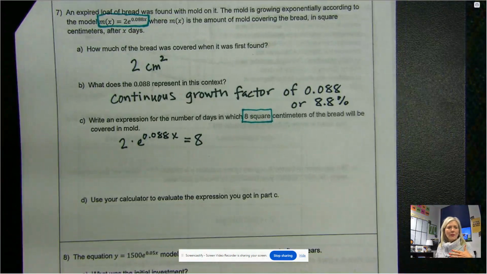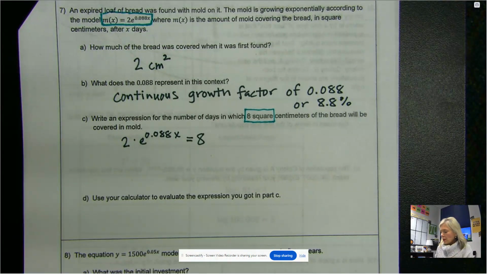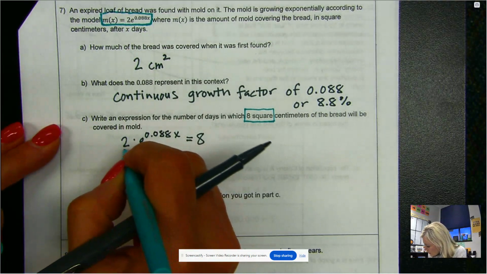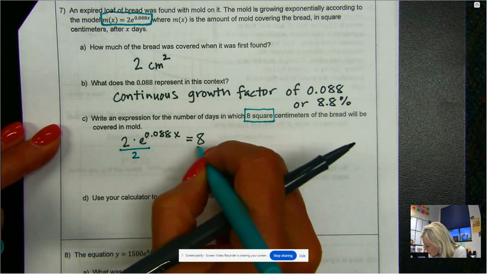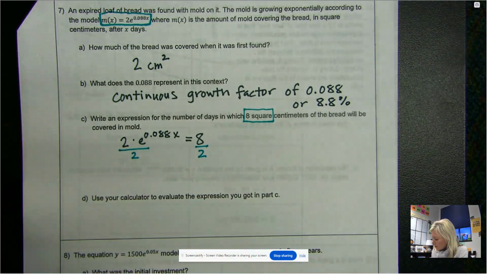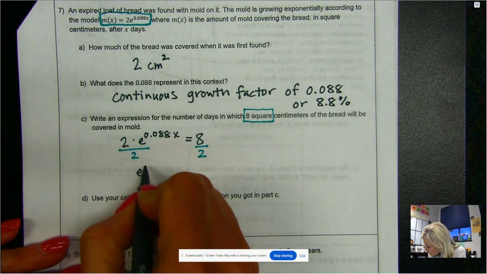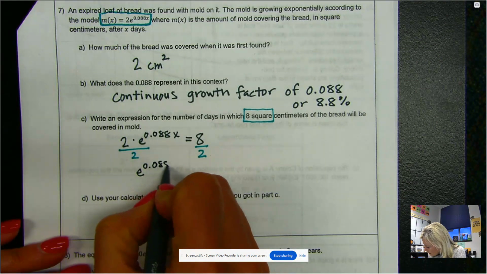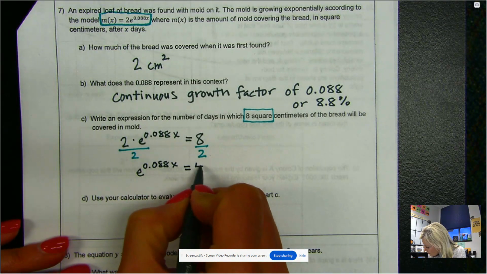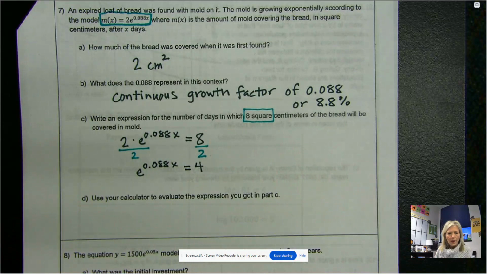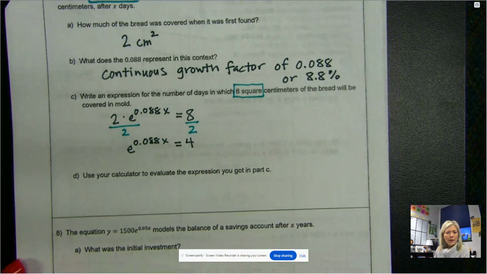This time, the base of the exponent is e, and so we're going to isolate the base and exponent by dividing both sides by the 2. So we get e to the 0.088x is equal to 4. 8 divided by 2 is 4.